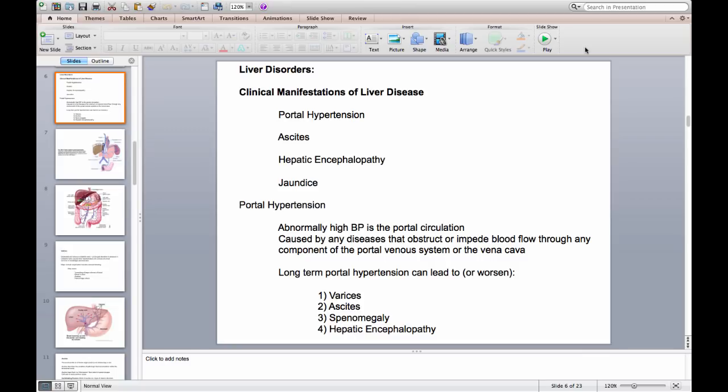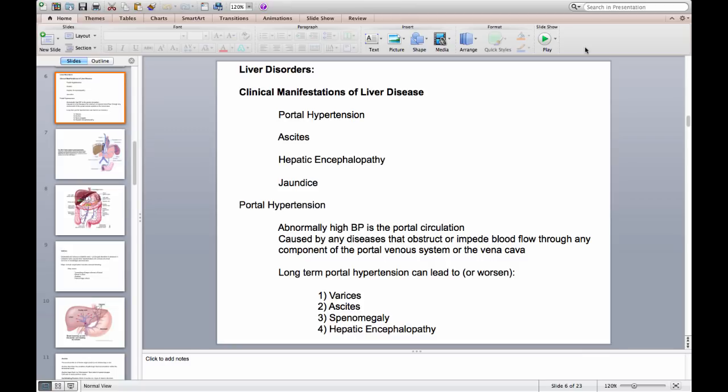Now, another consequence of portal hypertension is that it impedes blood flow away from certain parts of the GI tract, which causes what start off as very small veins to get engorged.